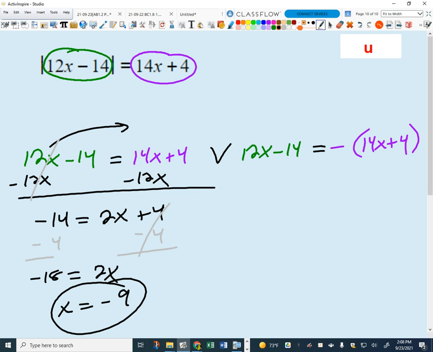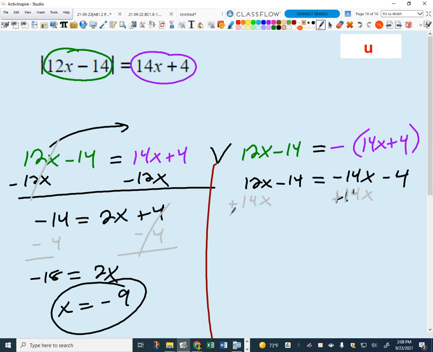So over here, I'd have to distribute the x. Here, I'll just make a line separating the 2. Over here, we'd have to distribute the x. So 12x minus 14 equals negative 14x minus 4. Now I'm going to push the x's to the left this time, right? So I'll add 14x to both sides.